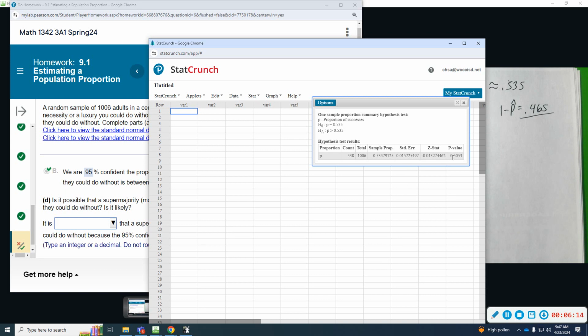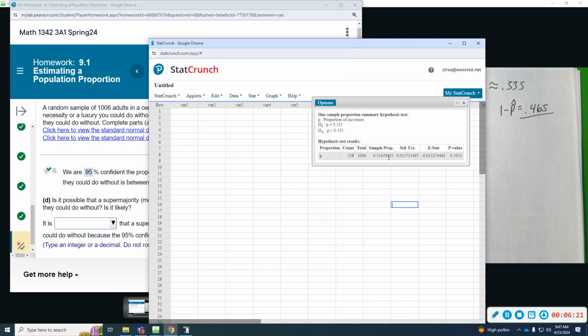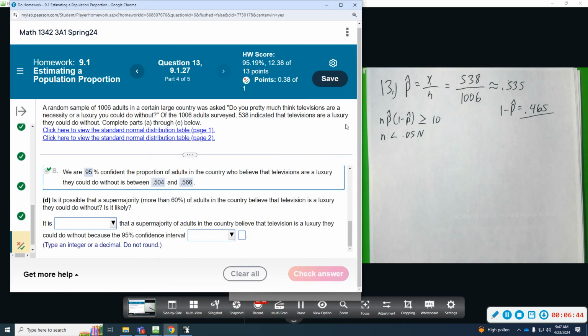The p-value is really small, so the p-value is much bigger than alpha, which is 5%, wait, that means we would fail to reject the null, which means it is not likely.